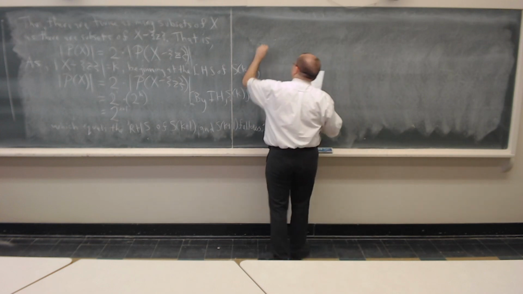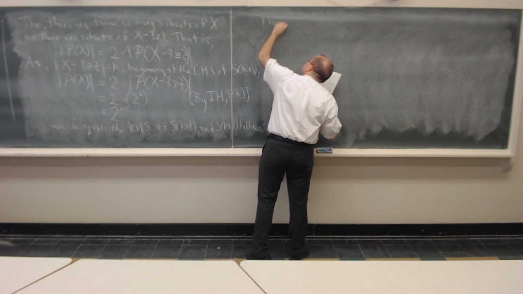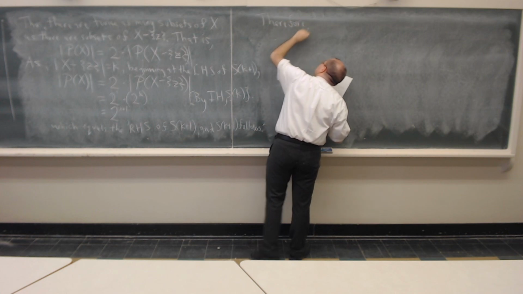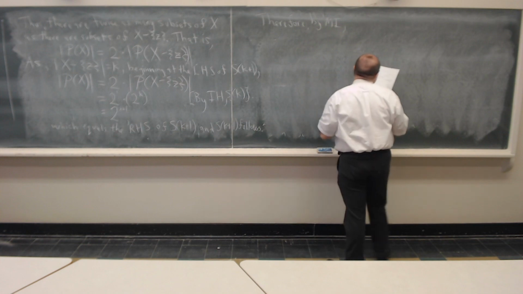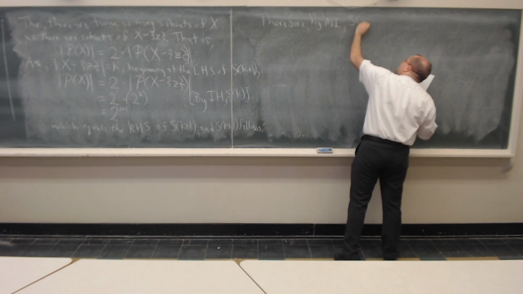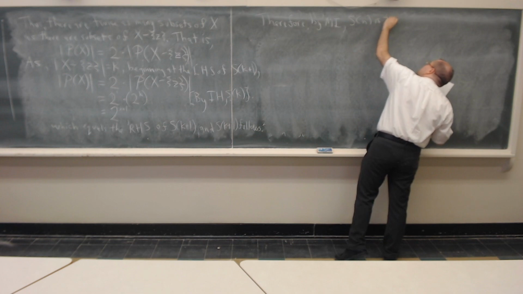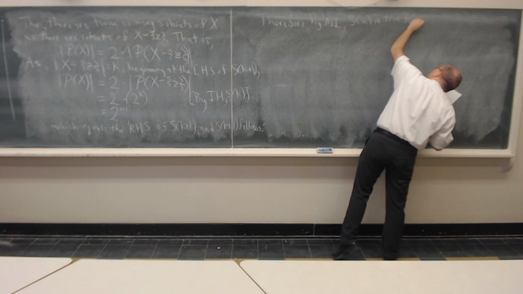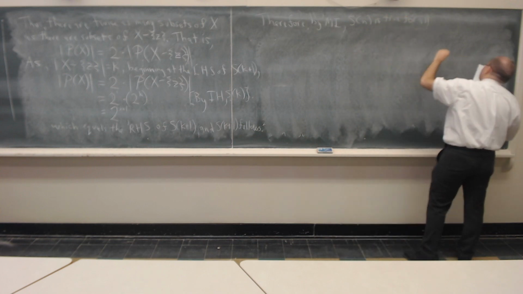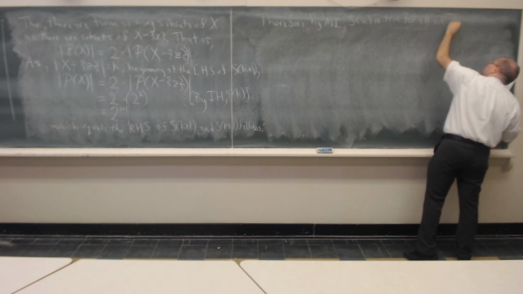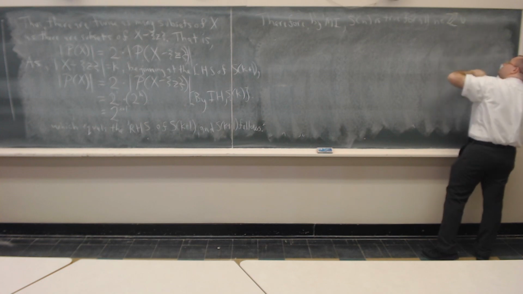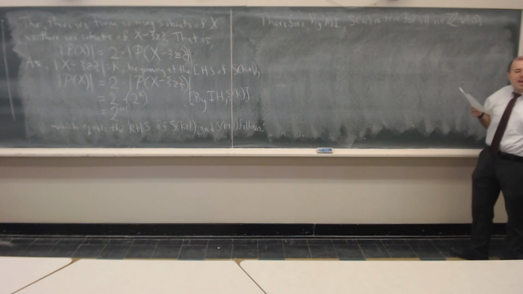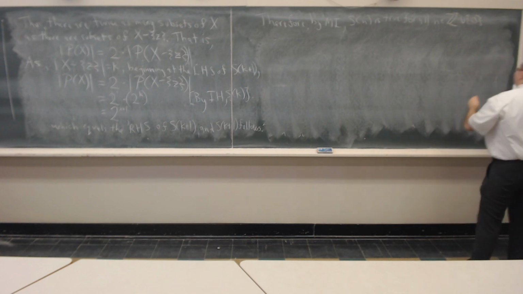Therefore, by the principle of mathematical induction, MI, S of n is true for all n in the set of all positive integers, union 0. Basically, all the non-negative integers. Sorry, the chalk has still got me shaking.